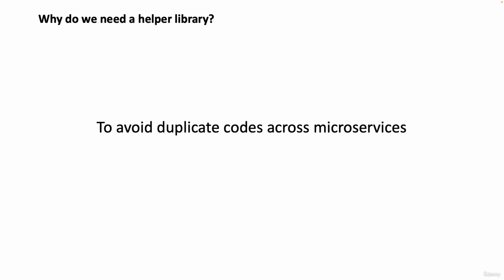Now, taking this approach has some challenges. When we talk about these challenges, it's something that the developers will need to decide if they can live with, or if they don't want to go through it, and they can just decide to use duplicate code across the microservices.